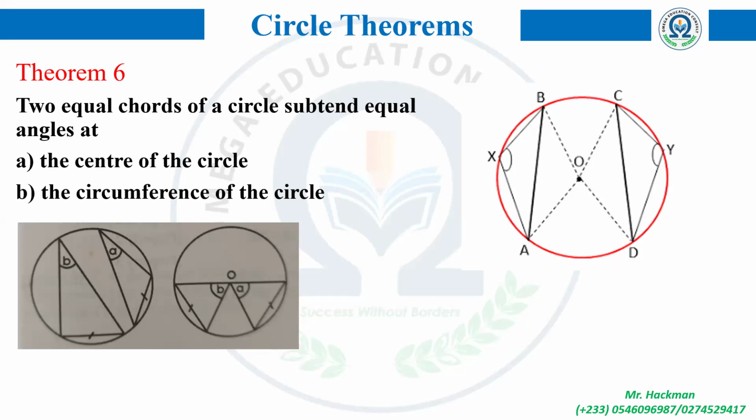So immediately you see chords of the same length, that is equal chords, you should know that the angles each of them subtends at the circumference will always be equal once the chords are equal. So equal chords, equal angles at the circumference; equal chords, equal angles at the center.